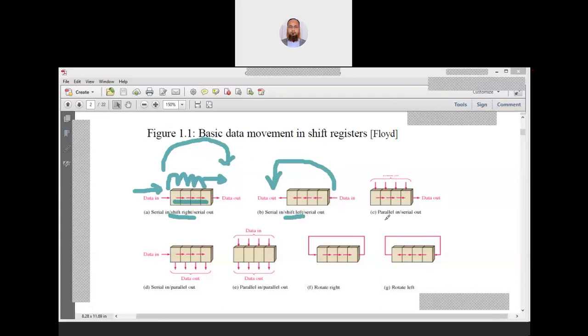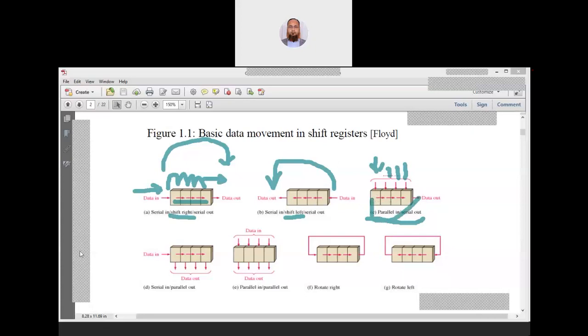The third thing is parallel in and serial out. Now you can see that each of the flip-flops, consider one block as a flip-flop, is getting its data separately. Each flip-flop is getting data input separately, but the data is moving serially. Each flip-flop is getting different data input, but the data cannot move directly outside.